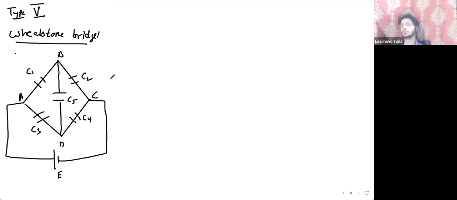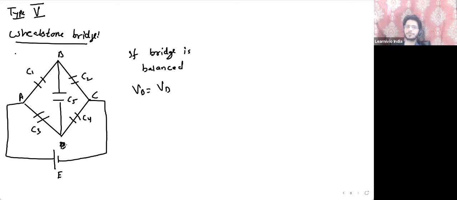But you can solve this bridge if it is balanced. What do you mean by bridge is balanced? Bridge is balanced means potential at B is equal to potential at D. Potential over these 2 points is same.